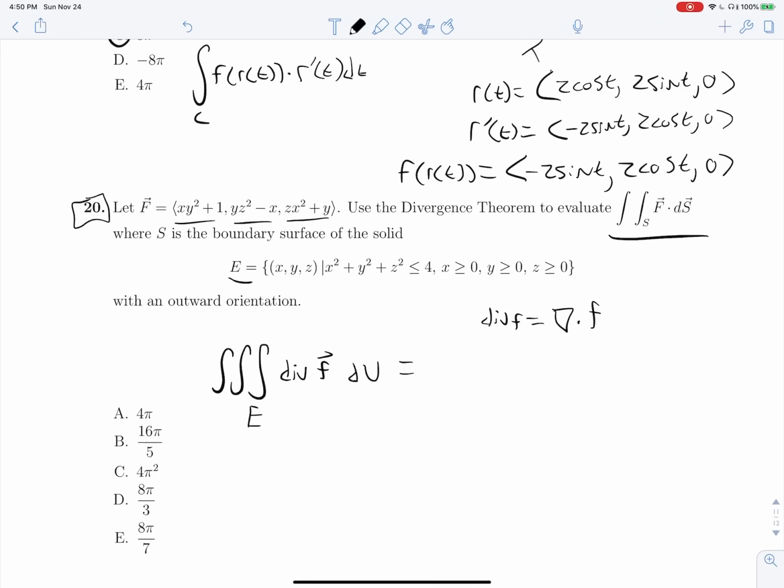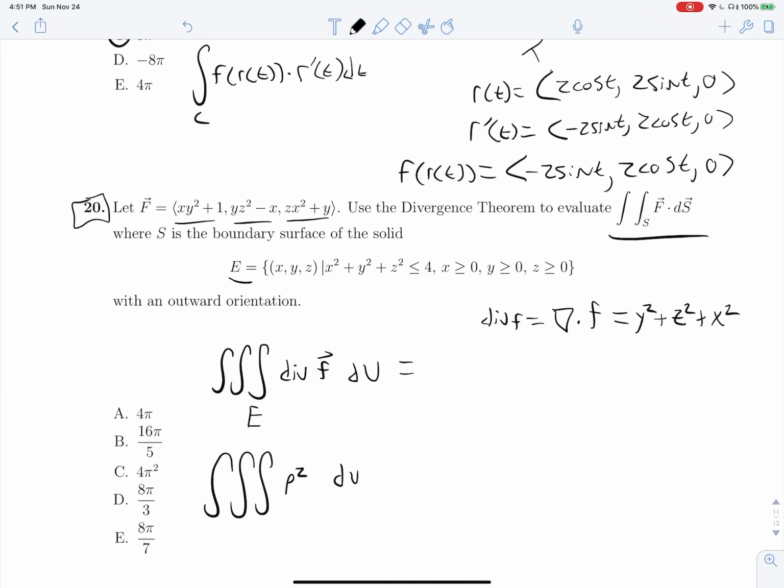So the divergence of f in this case is going to be y squared plus z squared plus x squared, which works out very nicely because now our triple integral is going to turn into a rho squared dV.